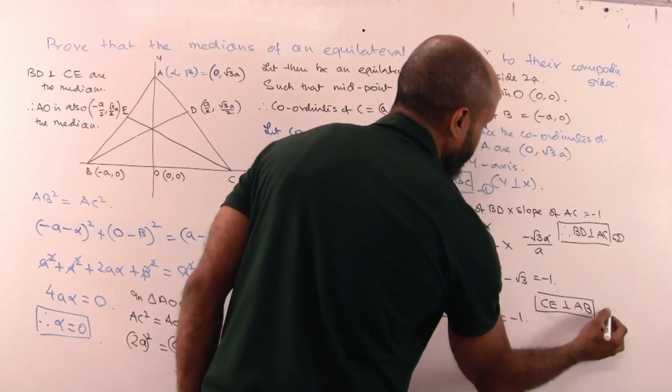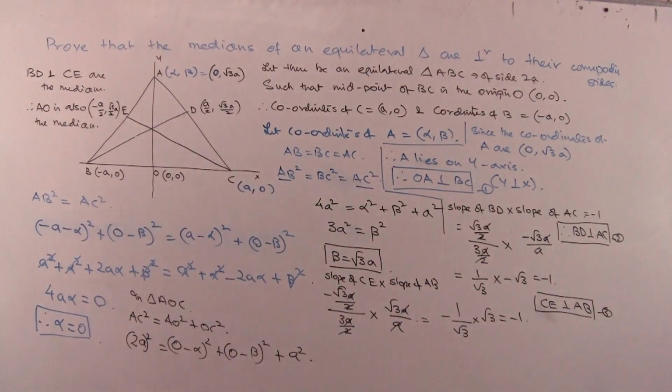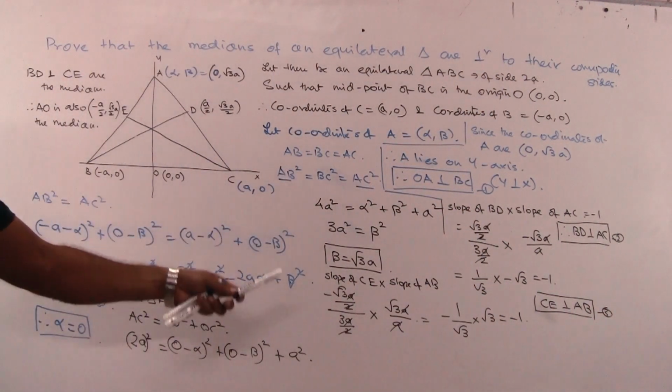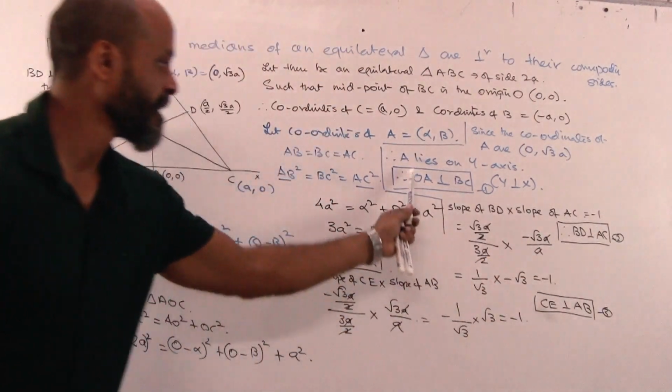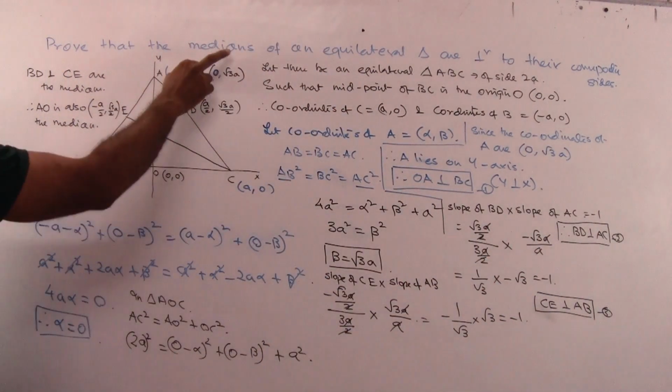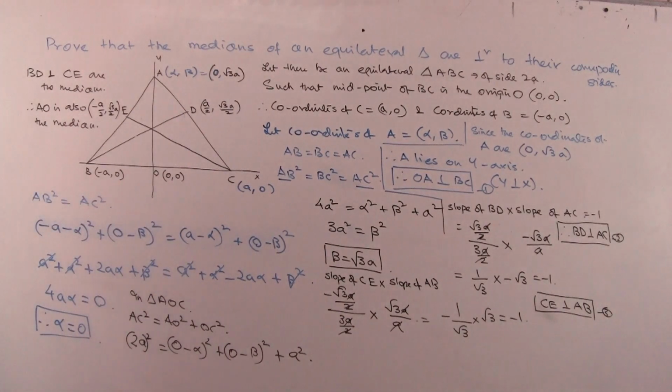So we have proved that this is perpendicular to AB, this is perpendicular, and so all these medians. Hence this proves that the medians of an equilateral triangle are perpendicular to their corresponding sides.